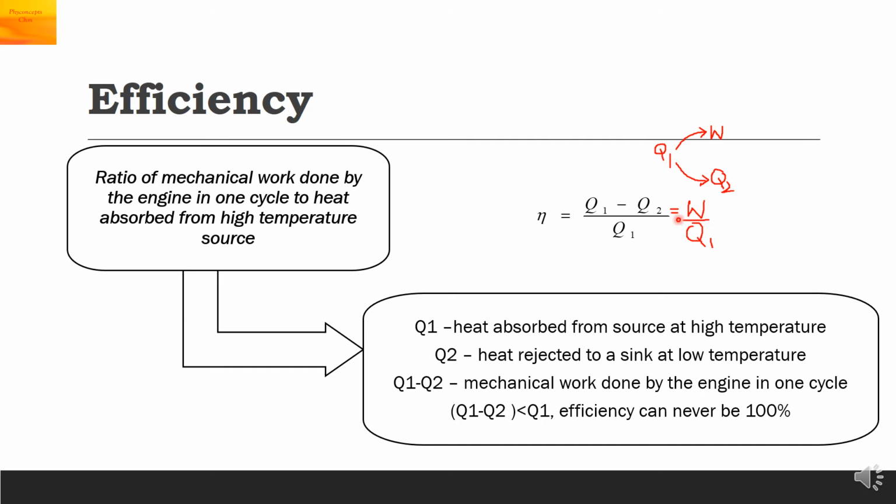So the value of eta will always be less than 1. So the efficiency of the engine can never be 100%. A 100% efficient engine is an ideal engine.